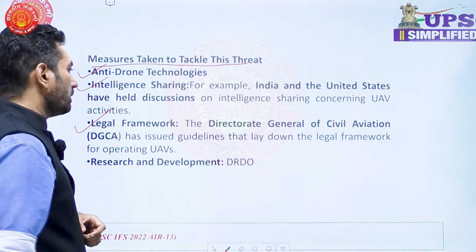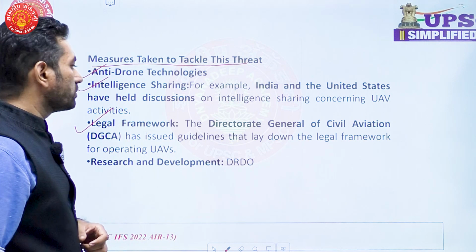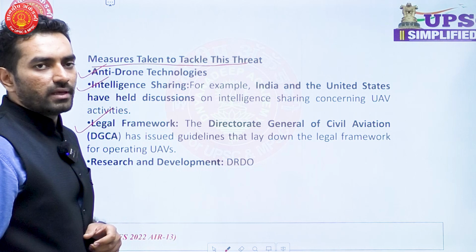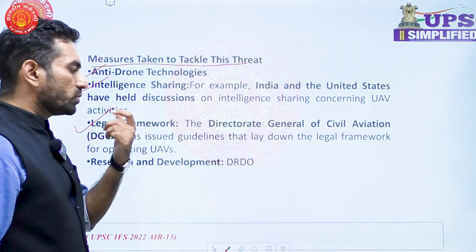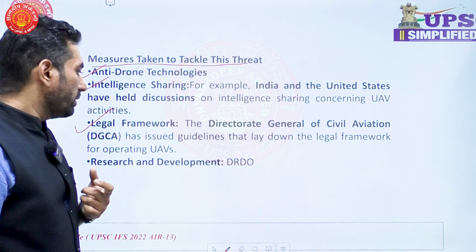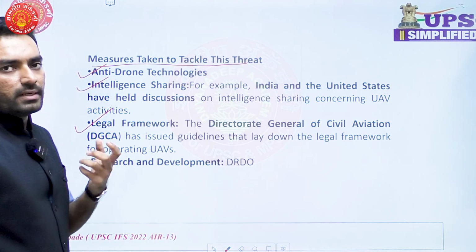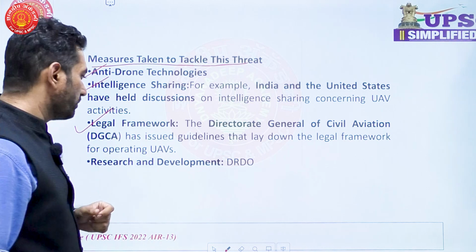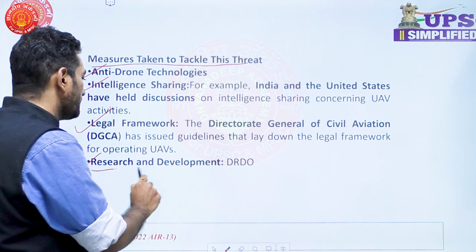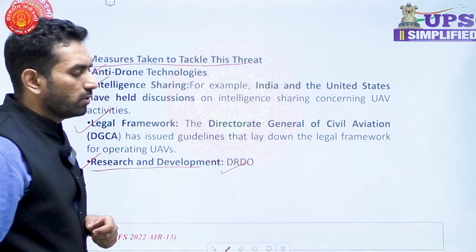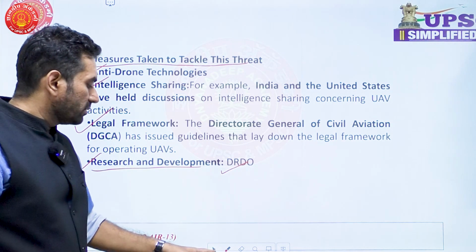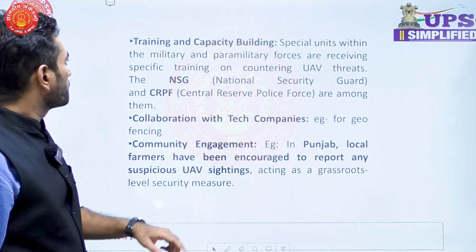Third is the legal framework. DGCA, the Directorate General of Civil Aviation, has issued guidelines related to UAVs and their operations in India, and this is one of the crucial measures.